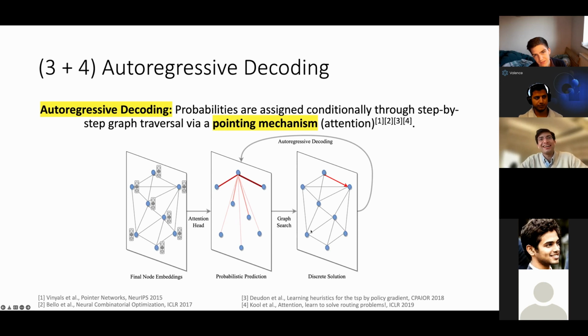I don't know. So this is one of the seminal papers in the field by Wouter Kool and others from the University of Amsterdam, and this paper really pushed for the autoregressive approach. And it worked really well.